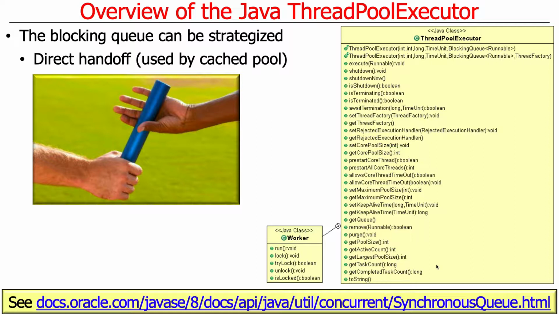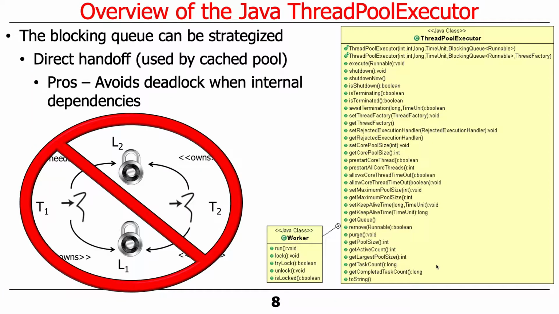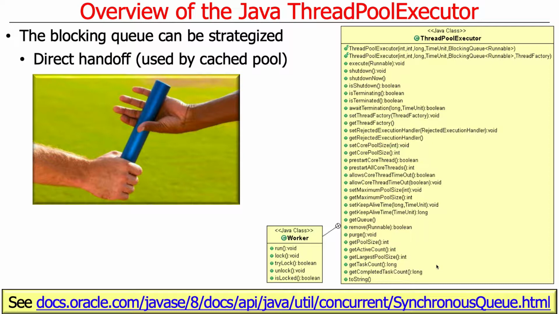The queue itself can be strategized. So when you make a ThreadPoolExecutor object, you or the factory method in the Executors class can make certain decisions about how things are going to be created for that executor. One thing you can use is what's called direct handoff, and that's used by a cached thread pool. It's a really funky mechanism, implemented by a class called a SynchronousQueue.